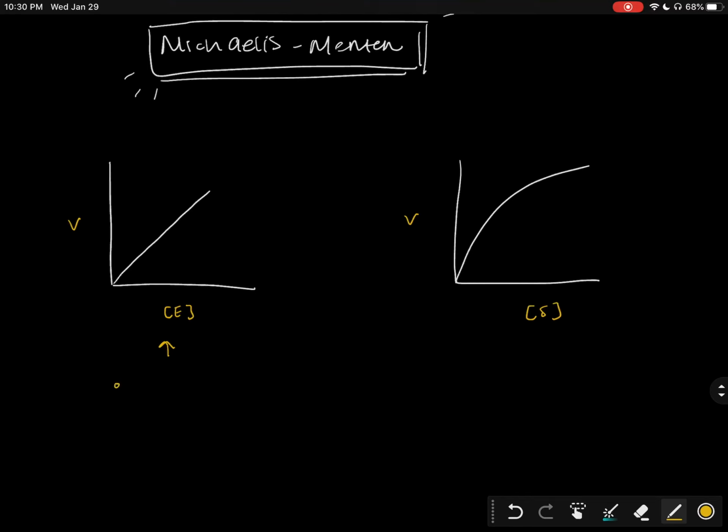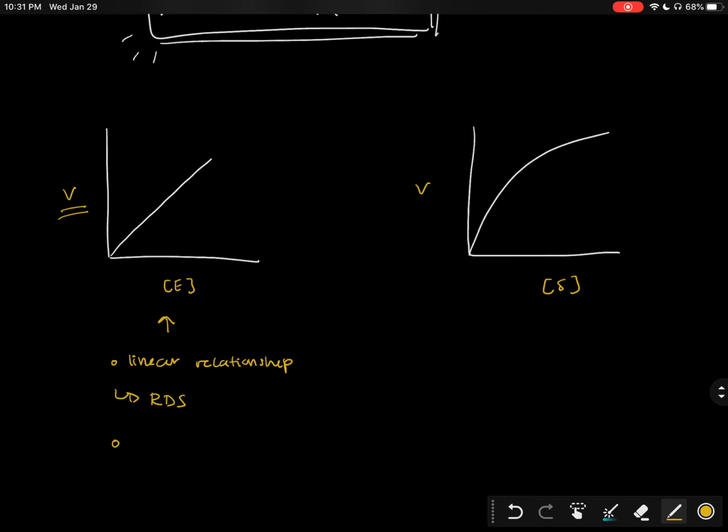As we can see, there's a linear relationship between enzyme concentration and reaction velocity, which means this is actually going to be the rate determining step, because if we change the enzyme concentration, there's going to be a direct, proportional change in the reaction velocity. So this is deemed not as interesting. It's just linear.